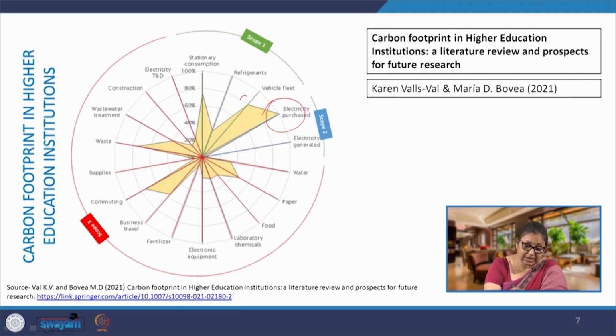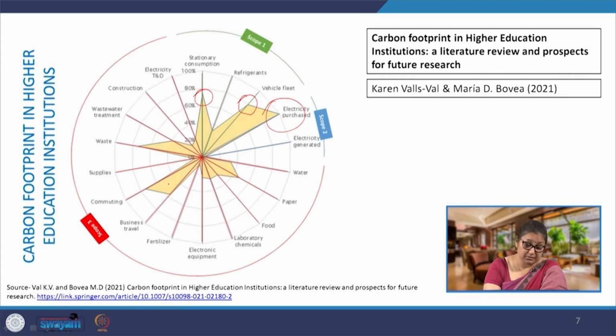The second highest is coming from the fleet of vehicles. We also have stationary combustion, which, as we saw, is coming from sources such as the emergency generators, the diesel generators, or some of the processes, or LPG used for cooking.